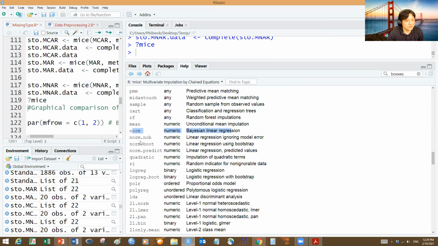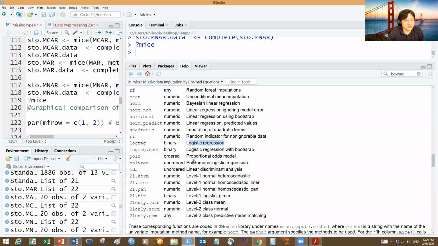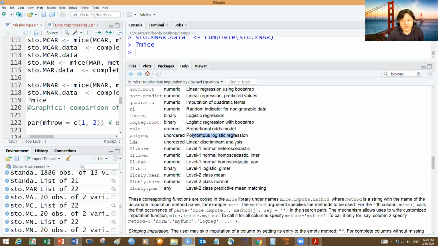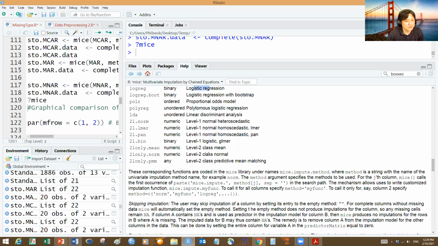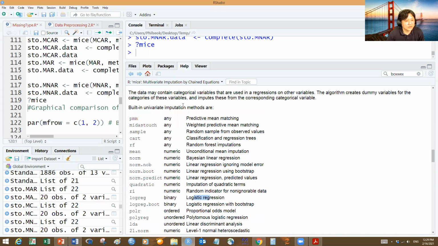You can try many different methods: linear regression, logistic regression, polytomous logistic regression, and so on. If your missing data is continuous, you can just use linear regression, right? But if your data is dichotomous or categorical, in that case you need to use logistic regression instead. Does that make sense? Please check this one. There are a lot of different built-in methods here.